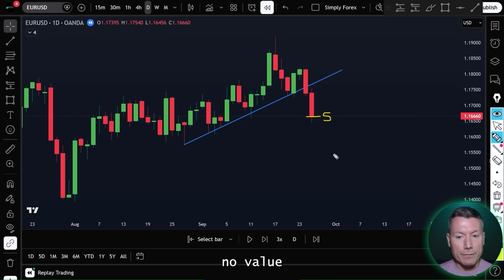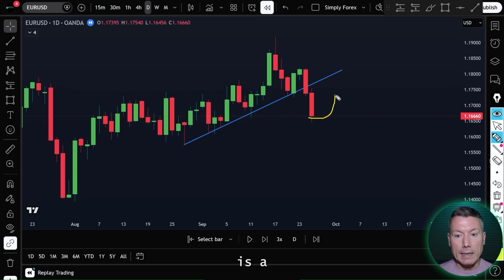And because you have no value, you then need to think about, where can I put my stop loss? And typically you want to put your stop loss above this swing high. So your stop loss will be up here, okay? And then all of a sudden you've got this massive stop loss because you haven't waited for value. This is not what we want. This is not how you trade.